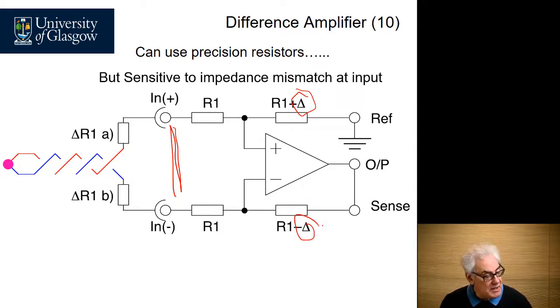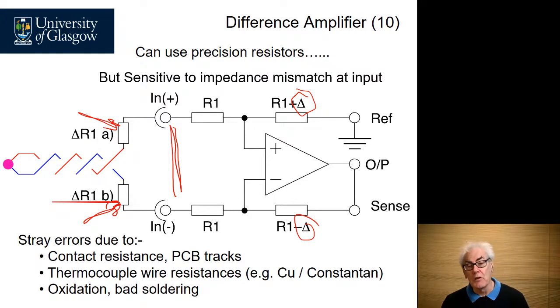And what you discover is that any error here, which could be due to contact resistance or circuit board tracks or even thermocouple wire resistances, will actually give rise to an error, because these two series resistances add to the R1s here, and they will change the gain. And if those two resistors are not absolutely matched, they will give an increase to the common mode gain of the amplifier, which is exactly what you don't want.